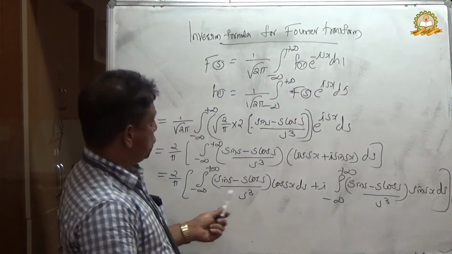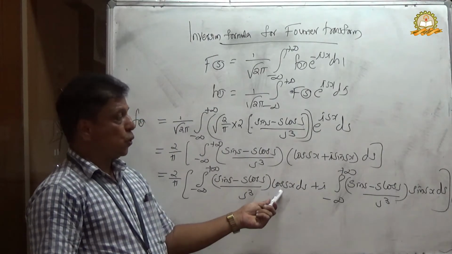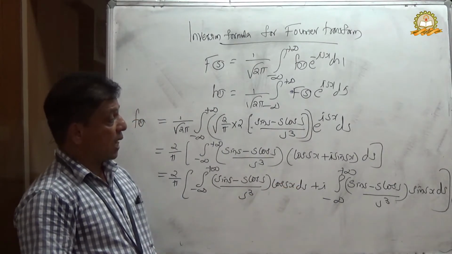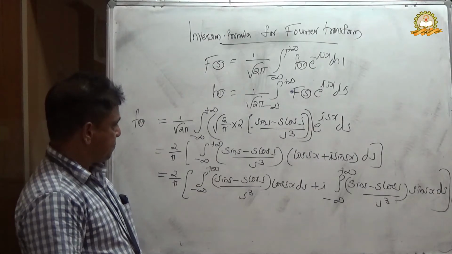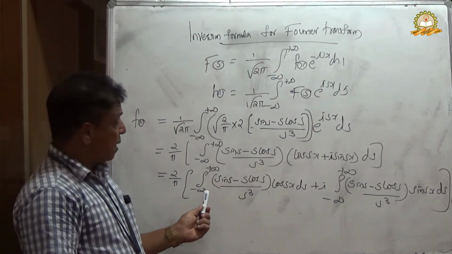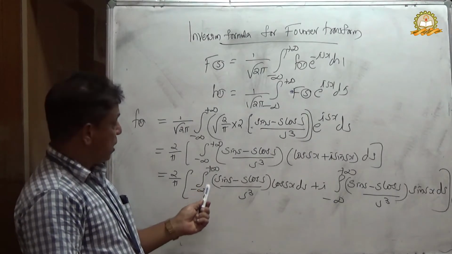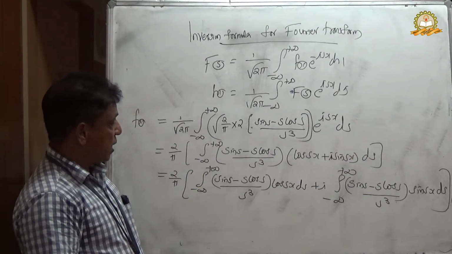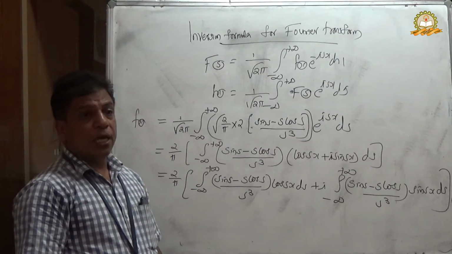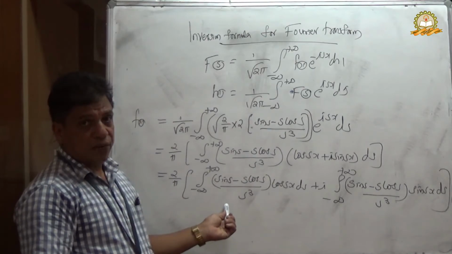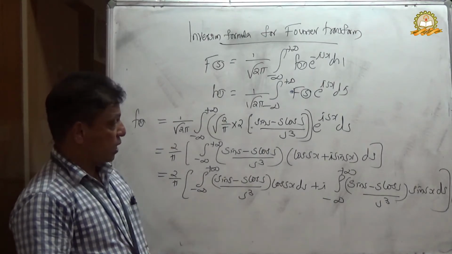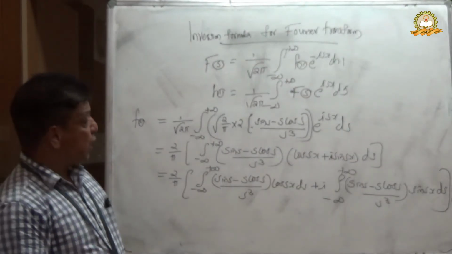We split it into the first case cos sx and the second case sin sx. Here the limits are minus infinity and plus infinity, equal in magnitude but opposite in sign. Then we can apply the property of definite integral.